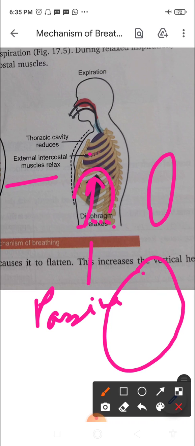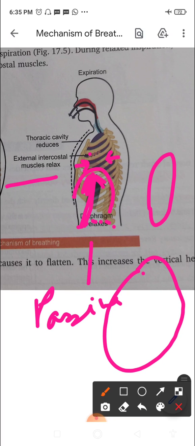So if you see, the diaphragm will push and this will move in, right? So obviously the space is becoming less in the thoracic cavity, right? Now this leads to expelling of the air.